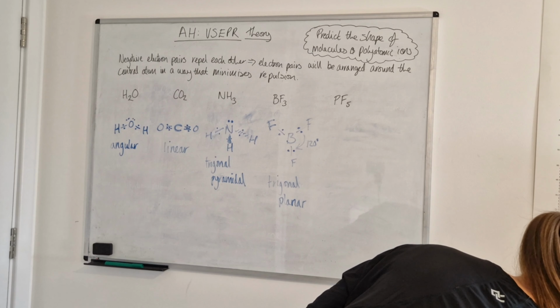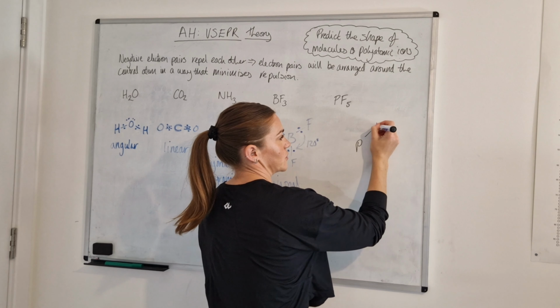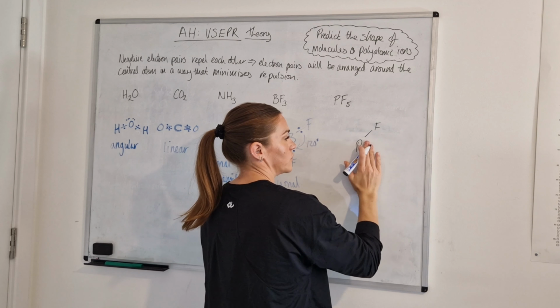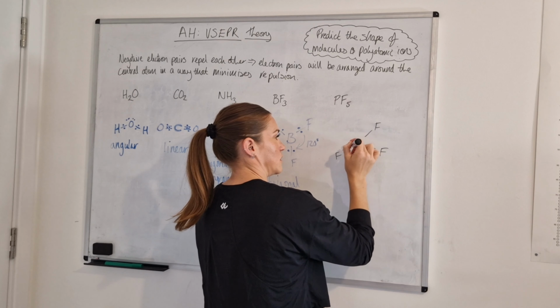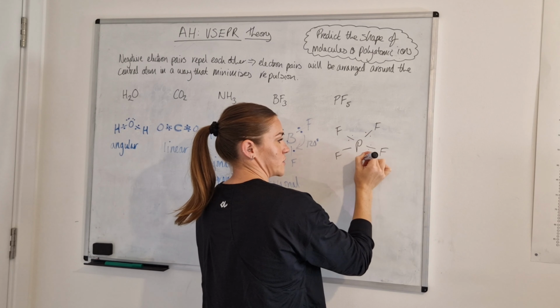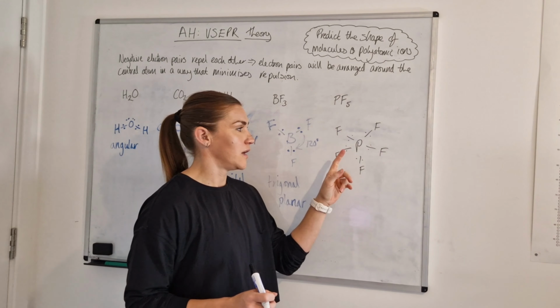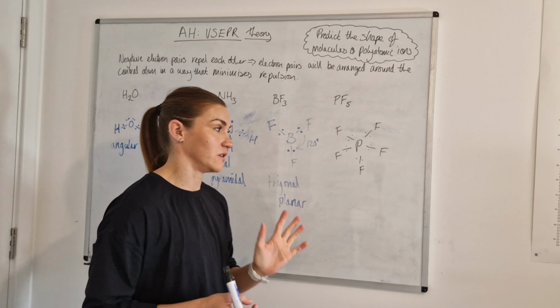If we then go on to PF5, we've got a central phosphorus, and then we're just going to loosely draw 5 fluorines around it. So there we've got 5 bonding pairs because 5 covalent bonds have been made. If we look up phosphorus, we'll find that that's in group 5, which means it has 5 valence electrons.